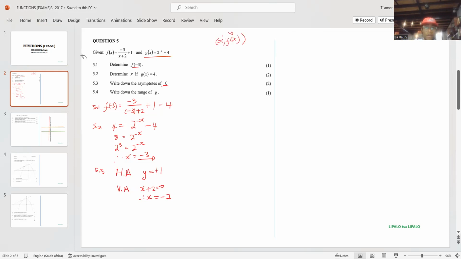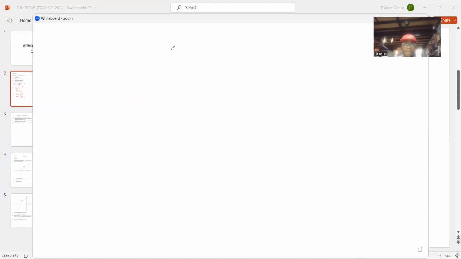Always remember this for a hyperbola. I did this in the previous video too, so that you remember. If y is equal to a over x plus p, plus q, then the horizontal asymptote is y equal to q.